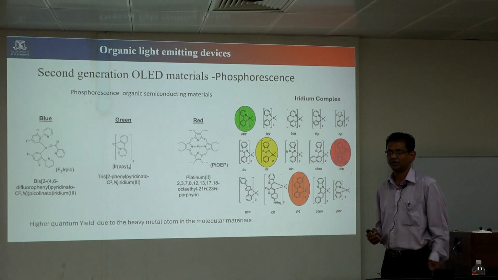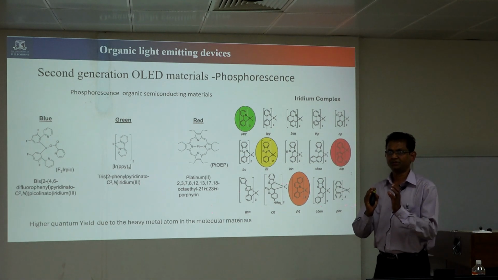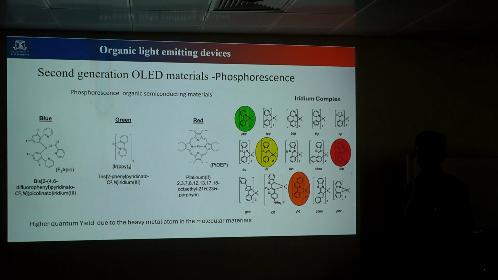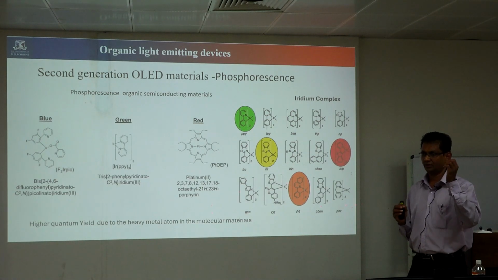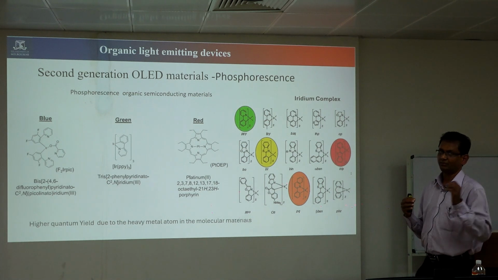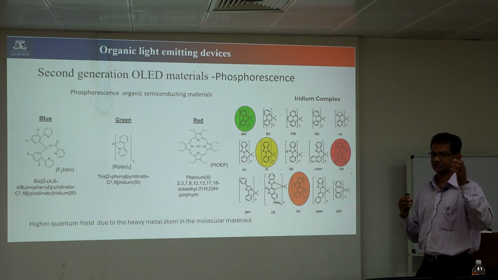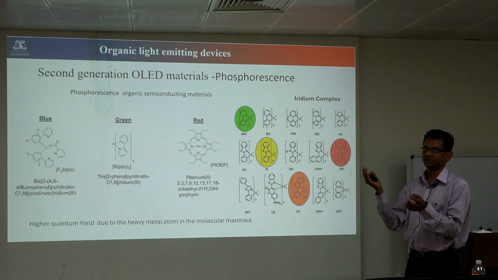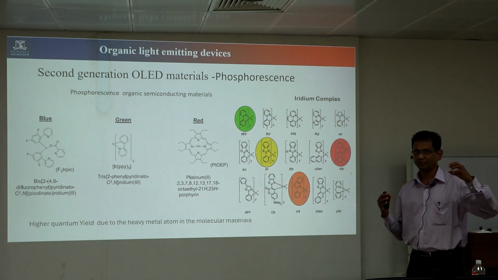I am talking about EQE. Again, I am saying that EQE is something different from IQE. IQE means whatever light is absorbed by the layer, and then whatever emission is created.